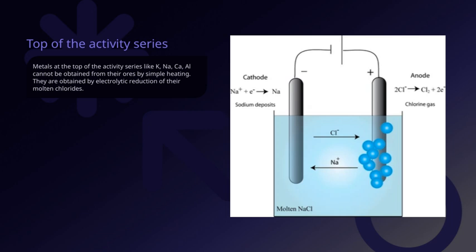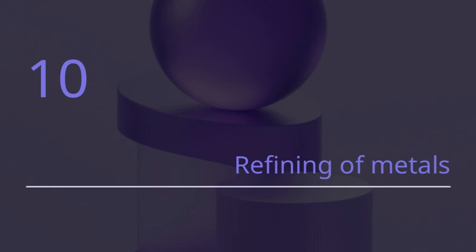Now, let's talk about refining of metals, which is a crucial step in making metals suitable for various applications. This process helps us remove impurities that can weaken the metal or affect its performance. Refining ensures that the final product has the desired purity and quality. There are different methods of refining, such as electrolytic refining, which uses electrical currents to purify metals like copper and gold.